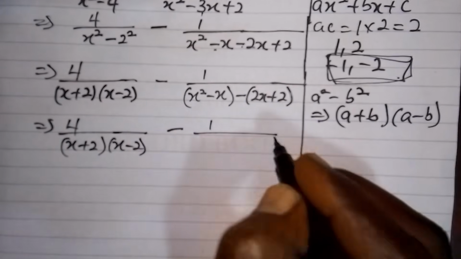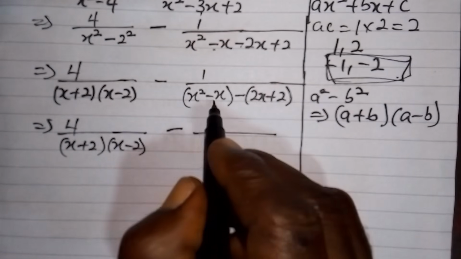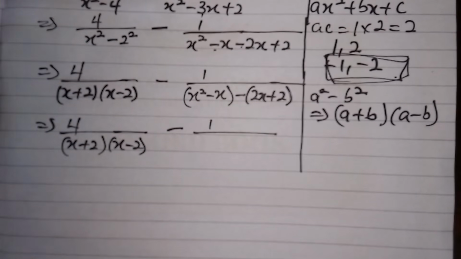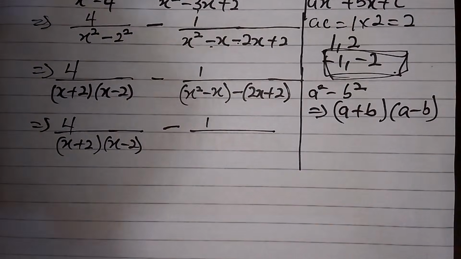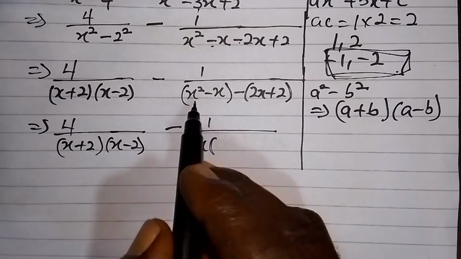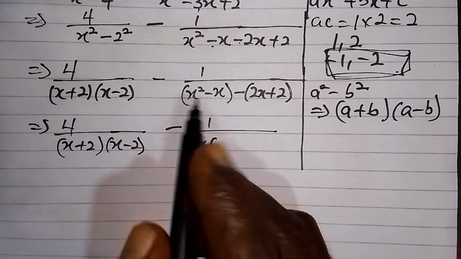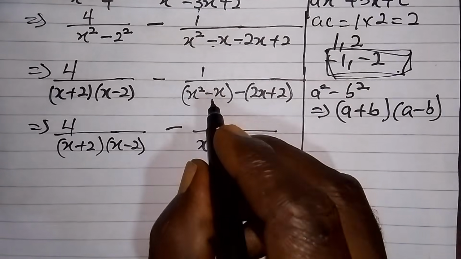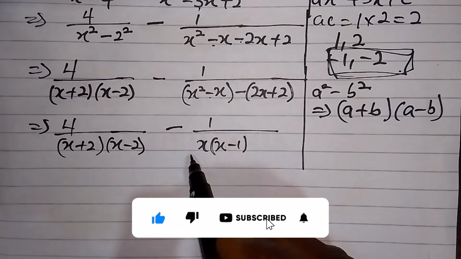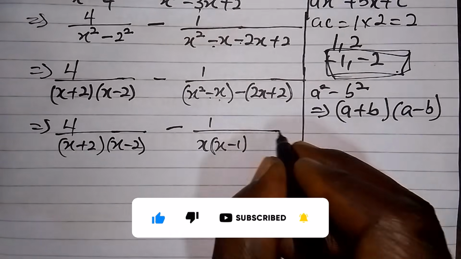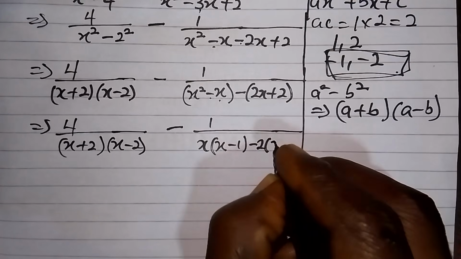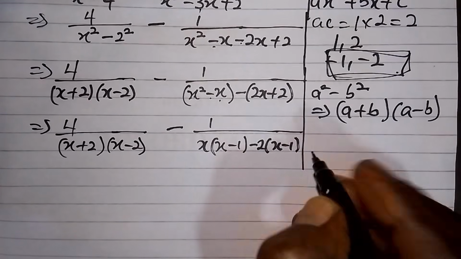minus 1 over, the common factor here is x. So x out. Now x taken out, x squared with x out leaves x, minus 1, because 1 times x will give us x. Then for the second group, the common factor here is 2, so 2 out, x minus 1.